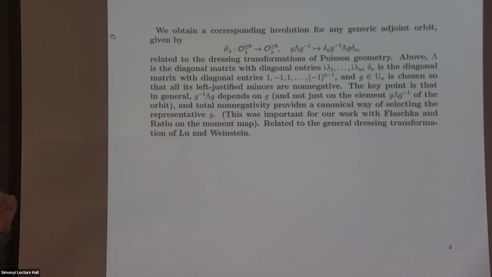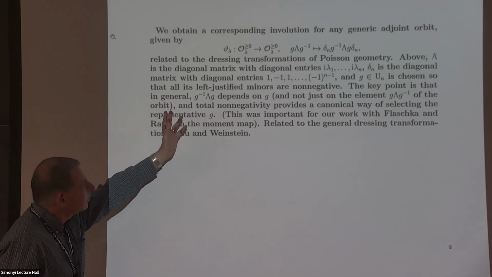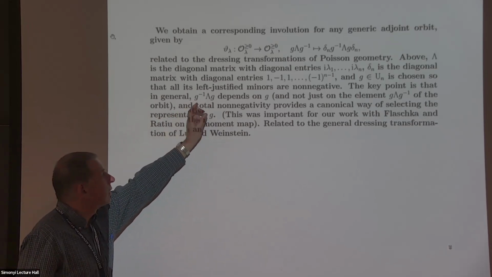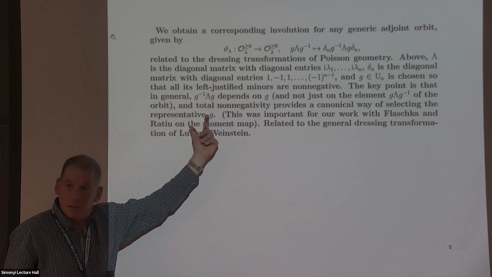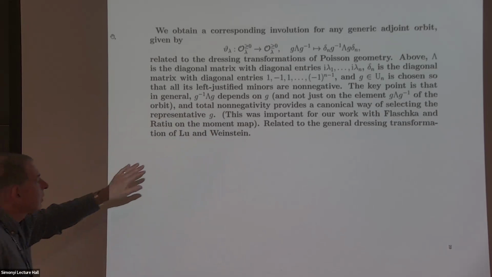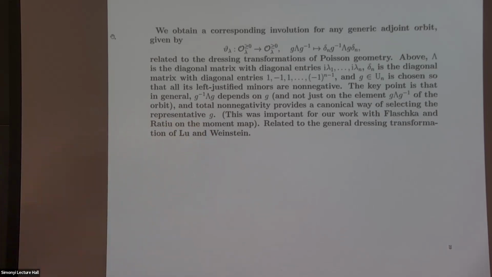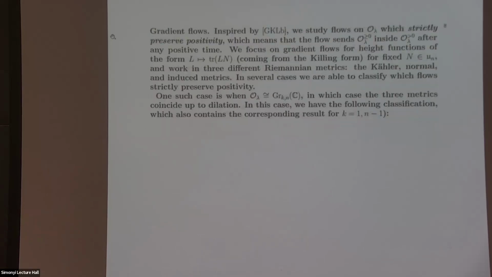One of the weird things in the original work that I did on Toda is that you just take G to the minus 1 lambda G and you flip them. But if you do that, you need a canonical way of selecting this representative G. That's not so obvious how to do, but total positivity gives you a way to do that. I'll come back to that if I have time.